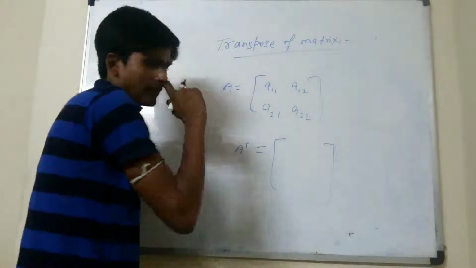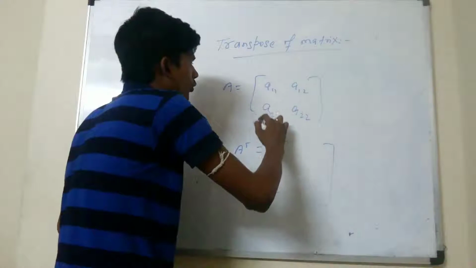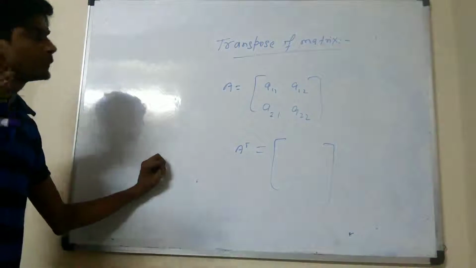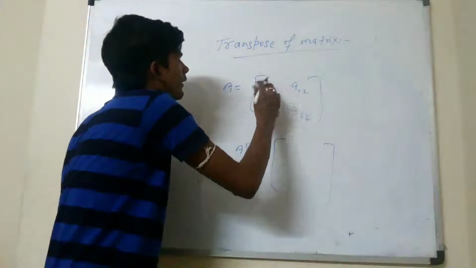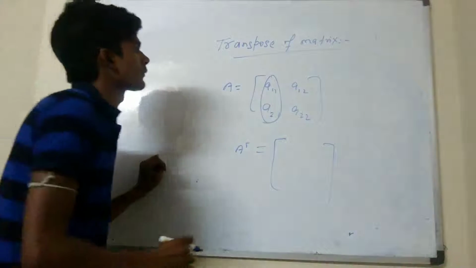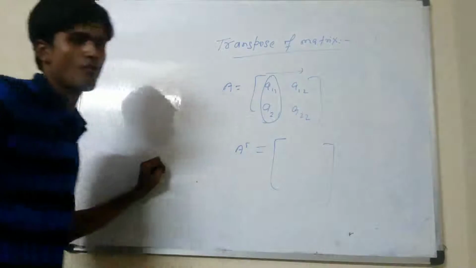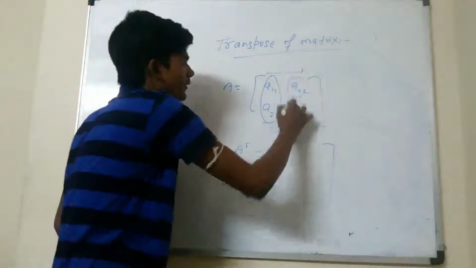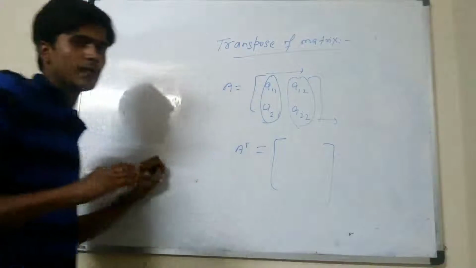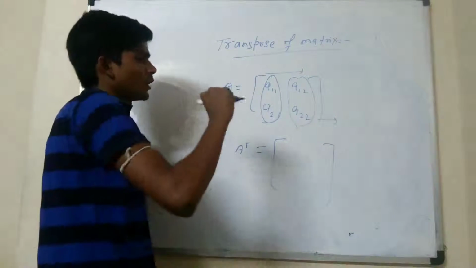The procedure is like that: any row or any column is changed. This is the first column. It simply changes into the first row, and the second column simply changes into the second row. That means it is a conversion of row into column, or column into row.